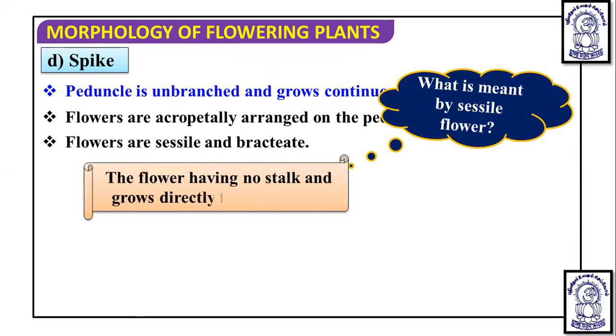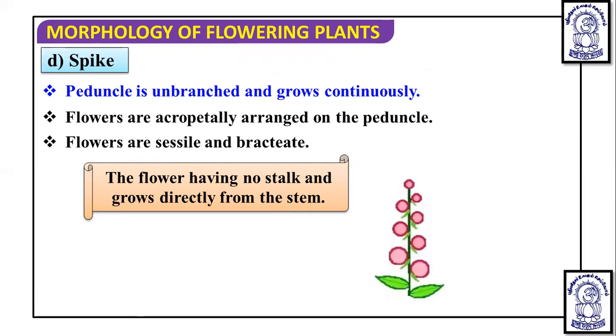So a flower having no stalk and growing directly from the stem is known as a sessile flower. You can see this, the flowers are arranged in a sessile way directly without a stalk. This is a flower. So if the flower is directly attached on the stem without pedicel, it is known as a sessile flower, and it is found in case of the spike.